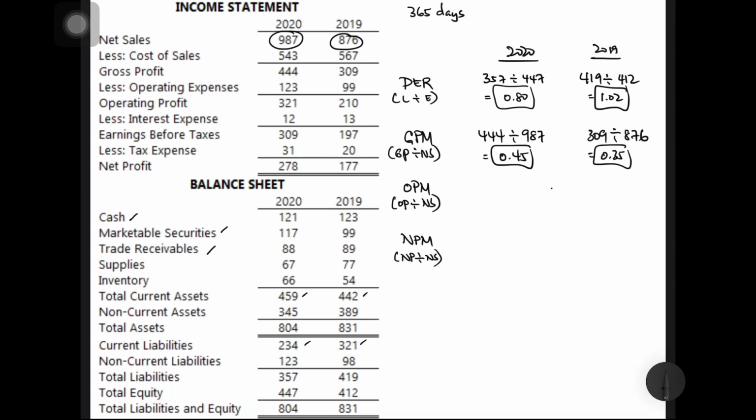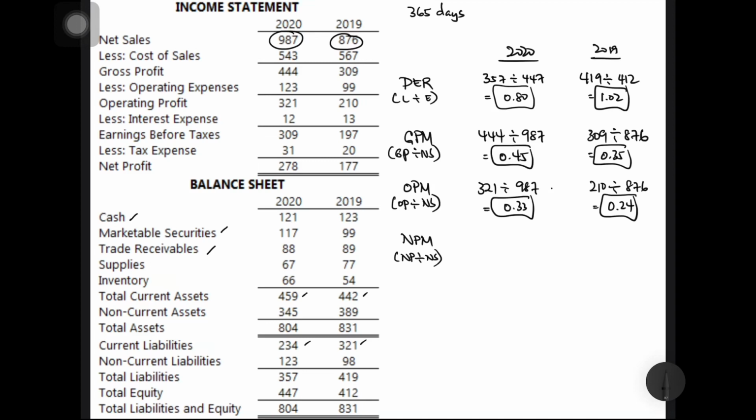How about for operating profit margin? Get your operating profit. It's 321 divided by 987, and then 210 divided by 876. This is 0.33, and this is 0.24.